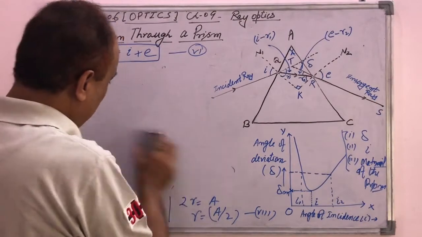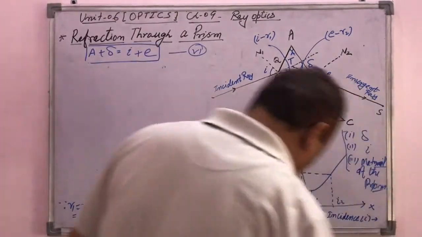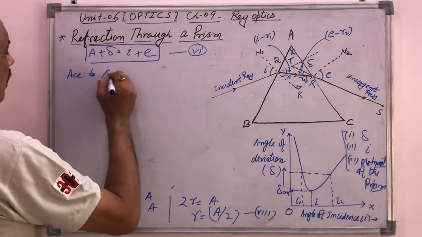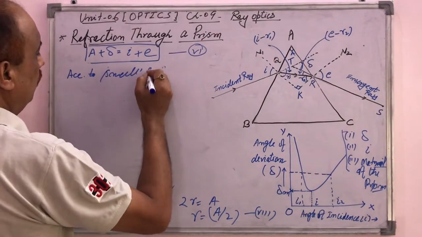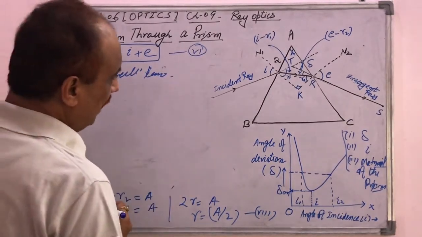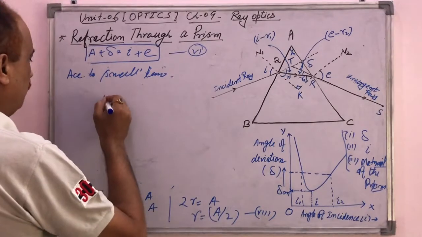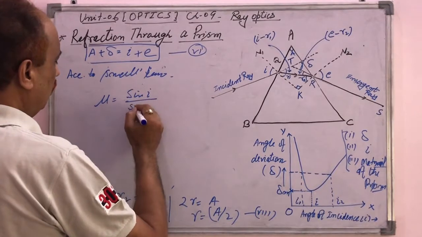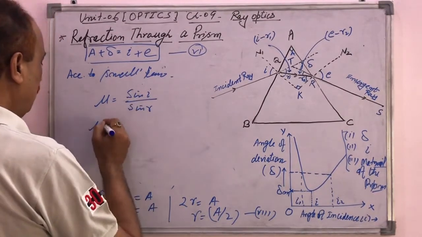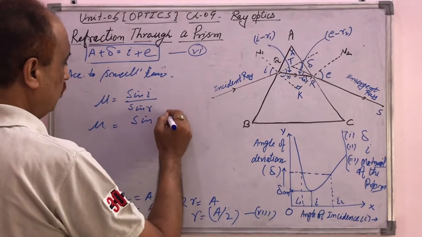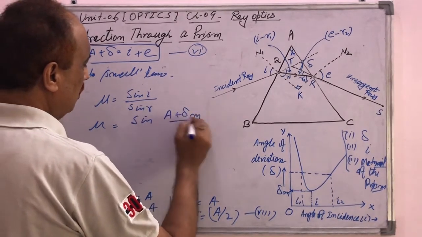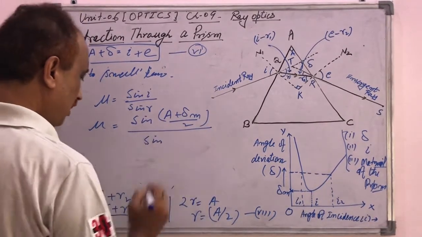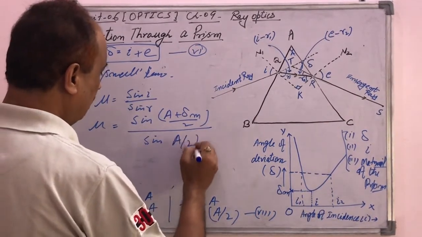According to Snell's law, the refractive index of glass of the prism mu with respect to air is equal to sin I upon sin R. Now put the value of I, which is A plus delta m by 2 from equation number 7, and from equation number 8, R is equal to A by 2.